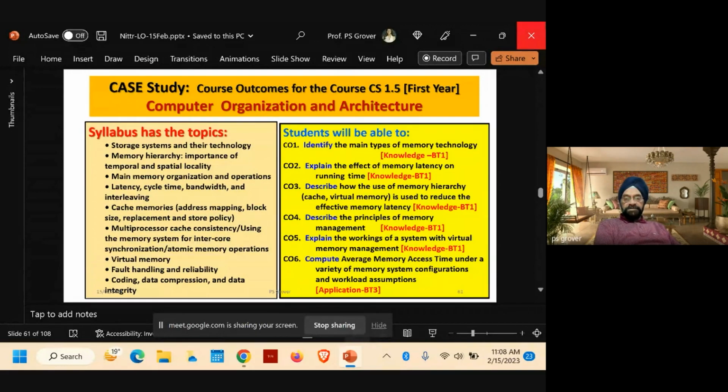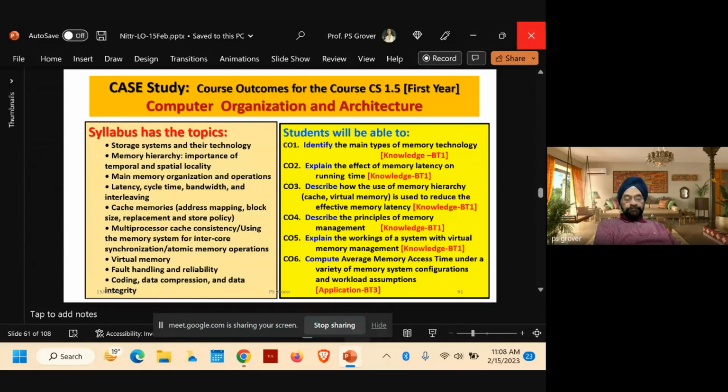My area is computer science, so I have just taken an example, but this is illustrative. Here is a course, computer organization and architecture. On the right side is the syllabus. Now, when the syllabus is implemented, what do I expect the student to learn? That means the course outcomes of this course.